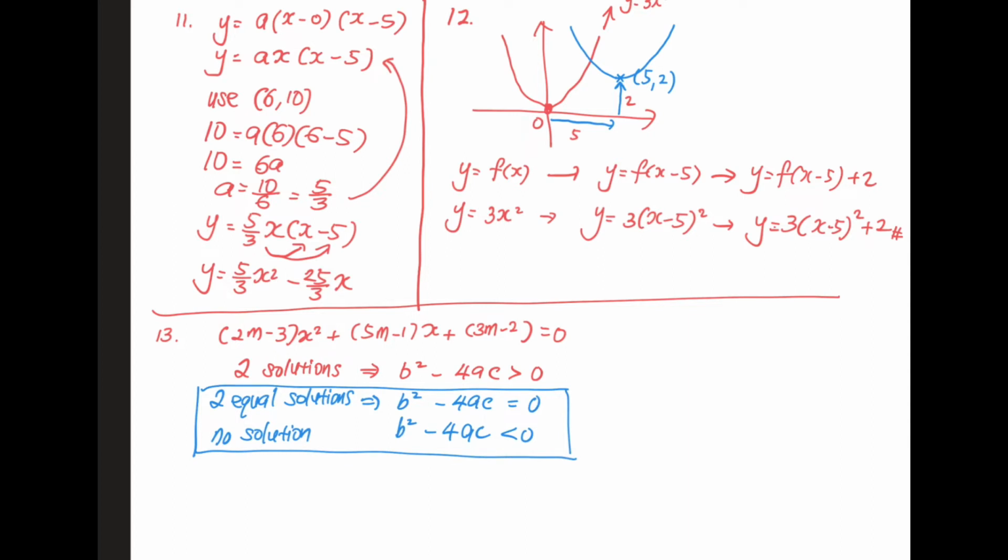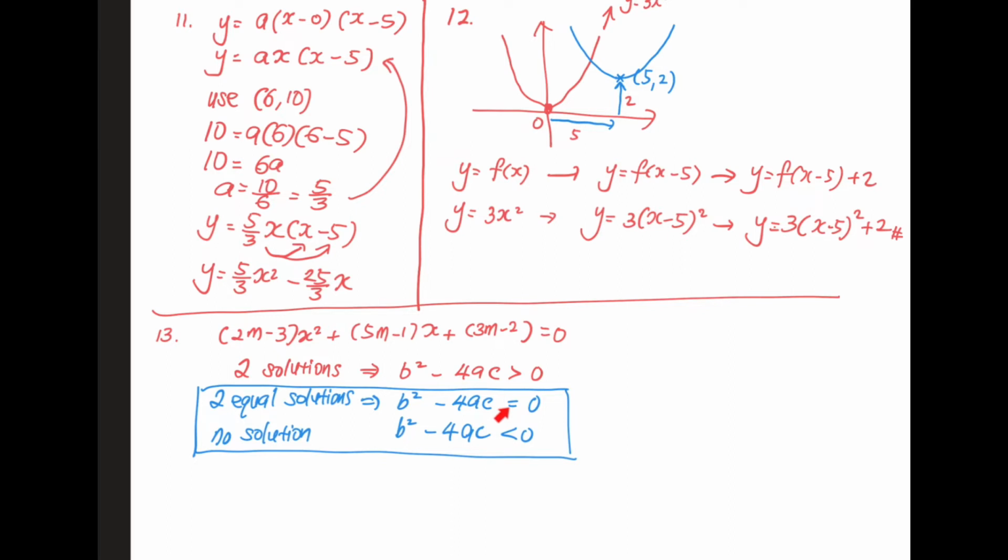And now let's continue with this. So the 2 solutions here, I assume the solutions are 2 different solutions. Okay, 2 different solutions, then this is the formula. If there are 2 equal solutions, then this is the formula.